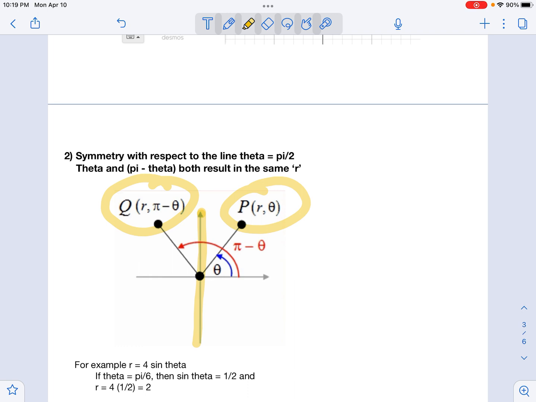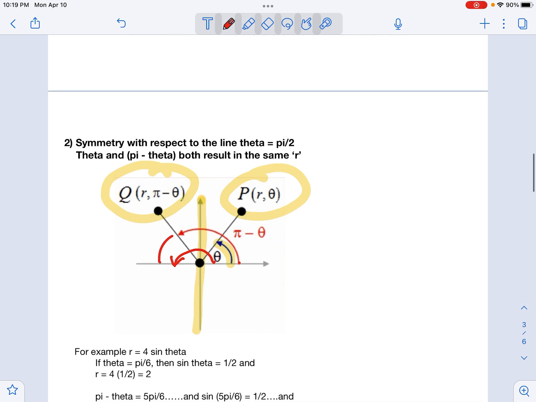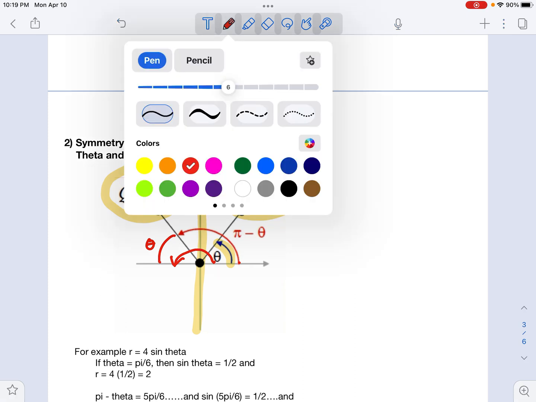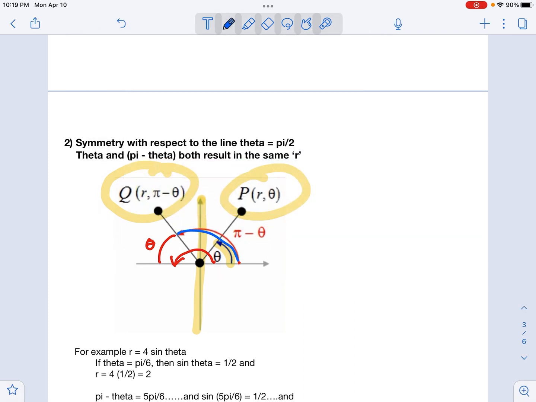From here all the way over to here is pi, and this right here is theta. So this value here is just pi minus theta.